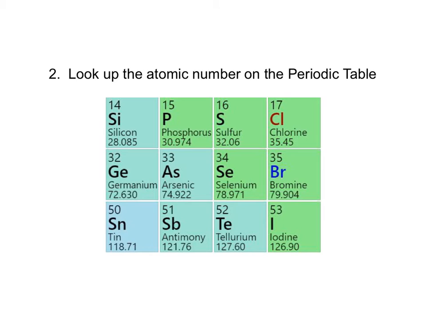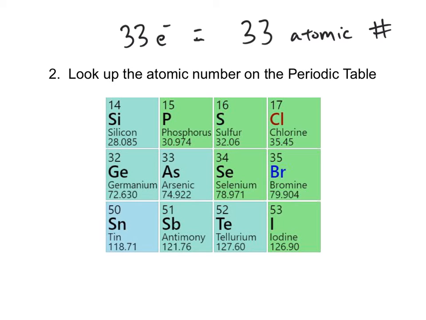I'll look up the atomic number on the periodic table. Okay, well, we said we had 33 electrons in those orbitals. Now, we know that the atomic number is the same as the proton number and electron number in a stable atom. So that means if I have 33 electrons, then 33 is my atomic number.